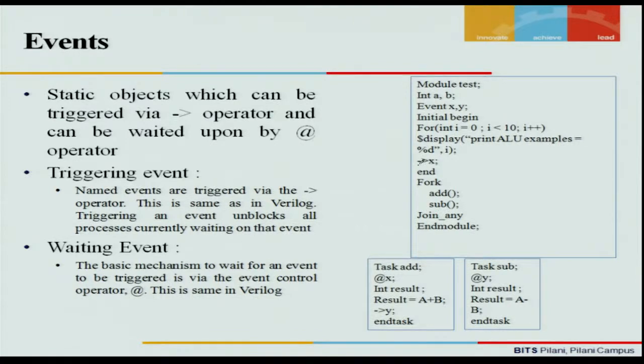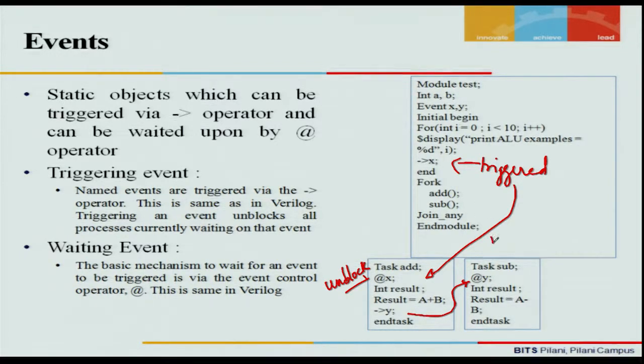So once this x is triggered, this will unblock this event. So at x is unblocked at this event, and then add will proceed. Now once add has proceeded, this y is triggered, and this y is unblocking task sub.